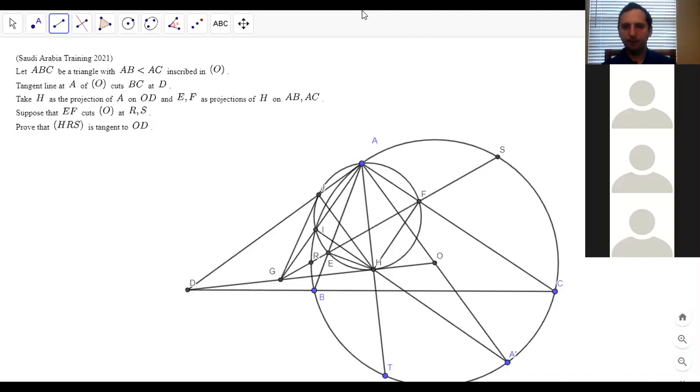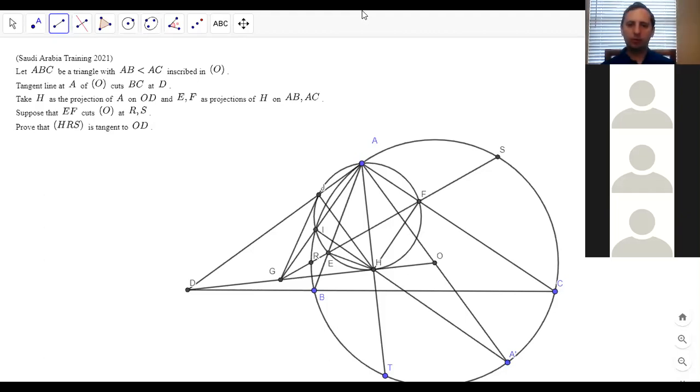Well, because H lies on the polar of D, so that's how we define polar. If a point lies on another point's polar, then the circle with the diameter connecting those two points must be orthogonal to the circumcircle.